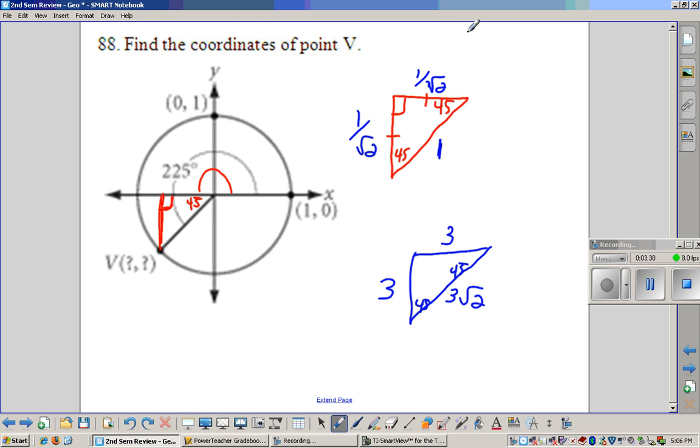Then we need to rationalize the denominator, which means getting rid of the square root on the bottom of the fraction by multiplying by root 2 over root 2. And we get the square root of 2 over the square root of 4, which is 2. So to summarize, this side is the square root of 2 over 2, and this side is the square root of 2 over 2.